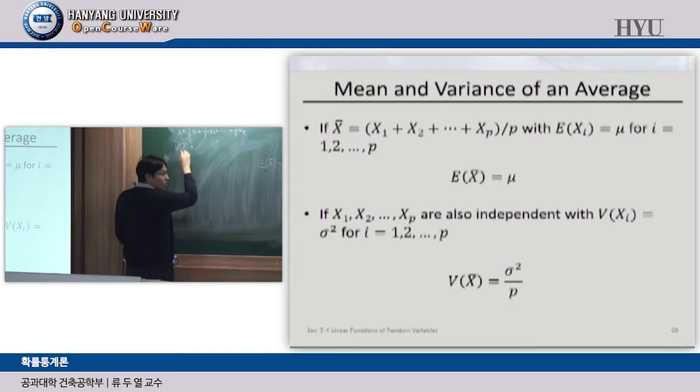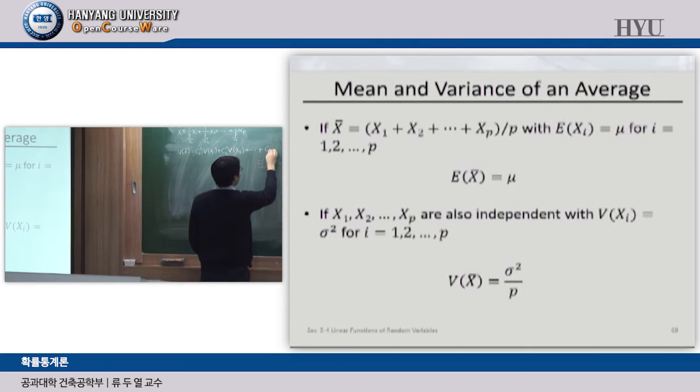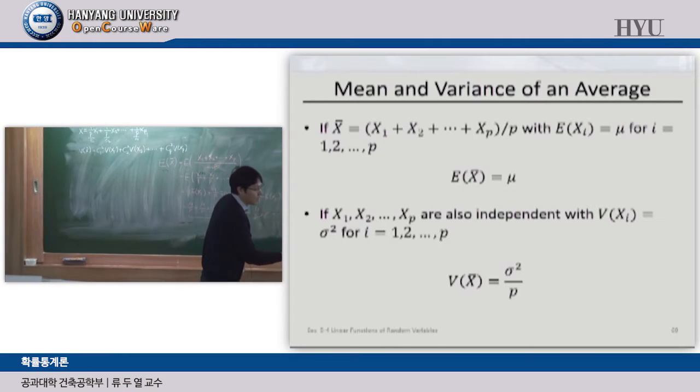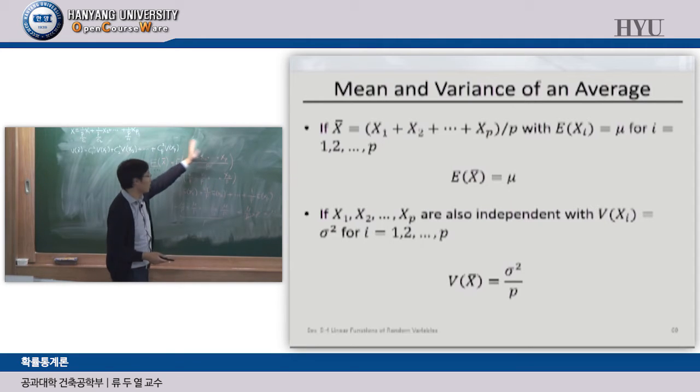what is this? This is c1. This is c2. This is cp. So the variance of x bar should be equal to c1 squared V(x1) plus c2 squared V(x2) plus up to cp squared V(xp). Okay? Because in this case, the random variables are independent, the covariance is equal to 0. Okay? So we don't have to consider the latter term here.